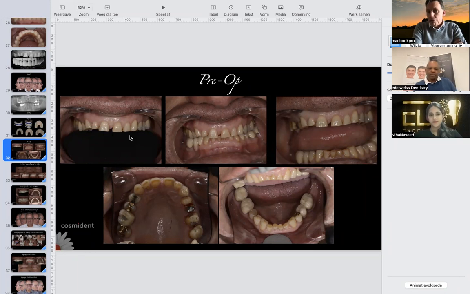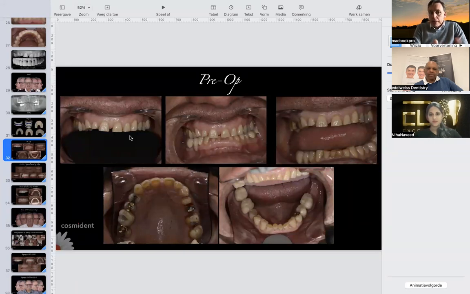Then you get a lot of TMJ problems, or before, with normal metal porcelain, you got breaking of your porcelain. With zirconium, because it's so hard, you won't get breaking of the zirconium, but of course you get TMJ problems.